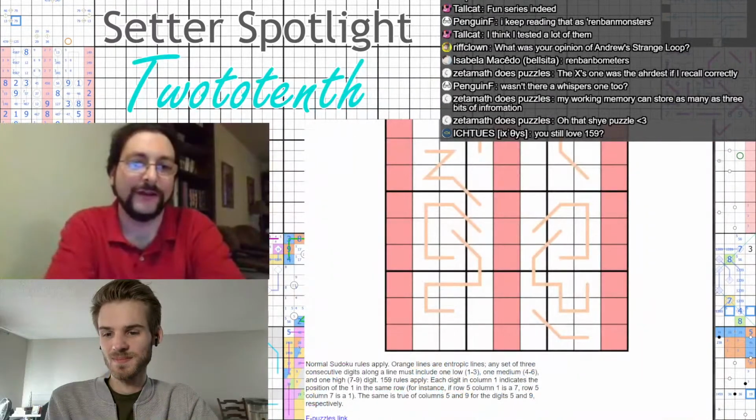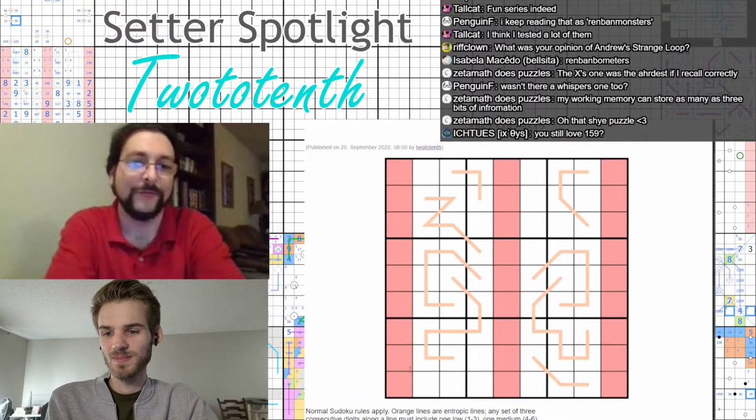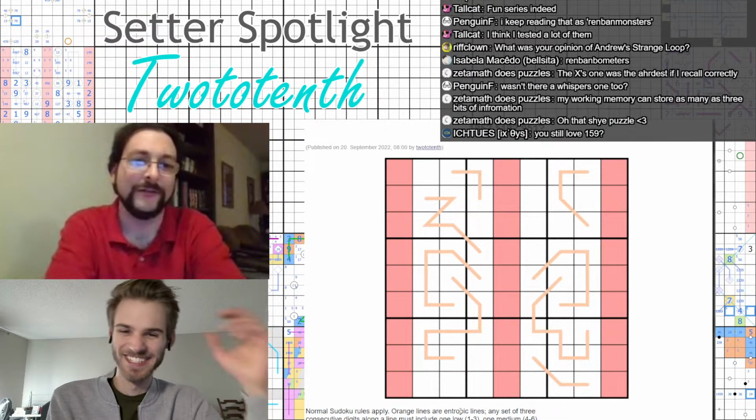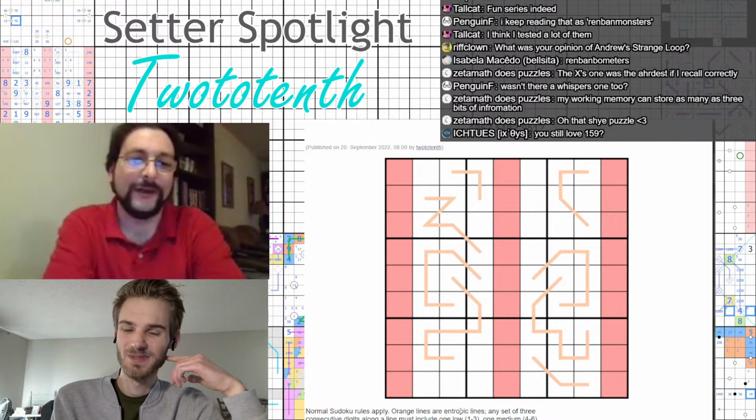And you can't do that with Entropic Lines because it's also just high, mid, low logic. That's all you have. Right. So as soon as Entropic Lines were introduced, I was like, I wonder if I can make that work with 159. And my thought at first was probably not because there's not going to be enough there. And it turned out there was enough there, but I really had to stretch the logic I could get out of everything to get it.